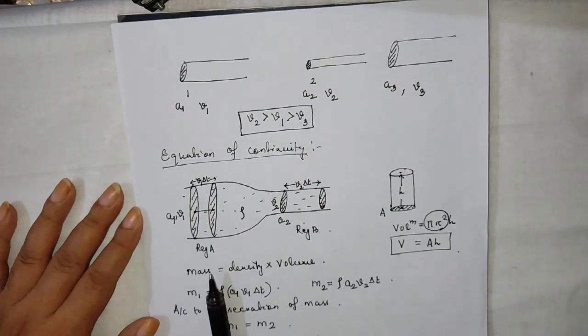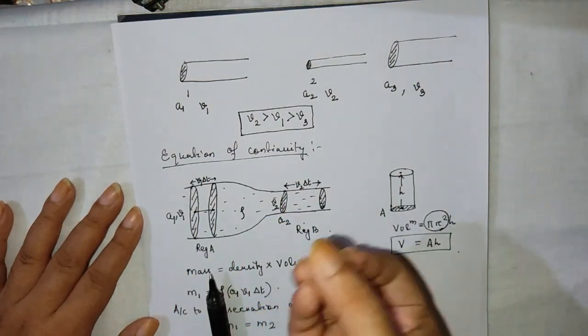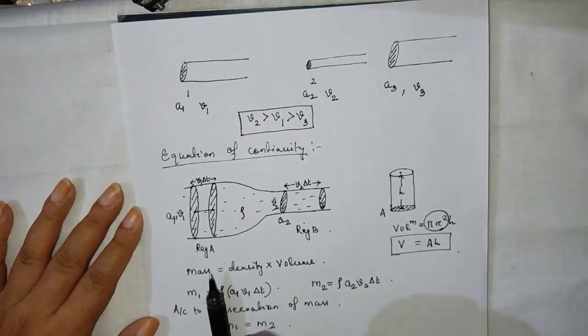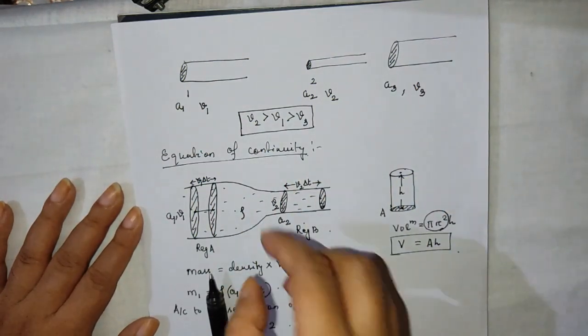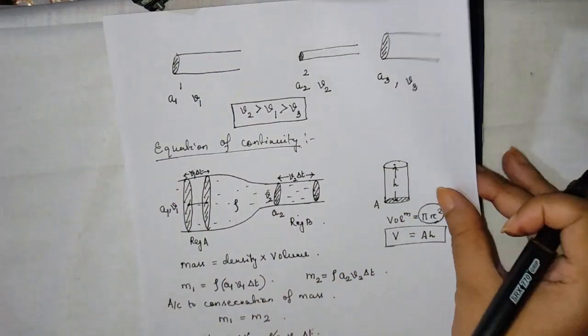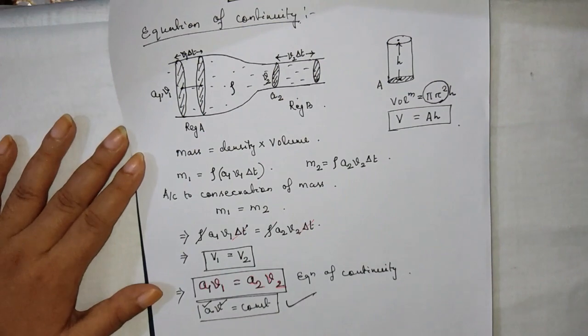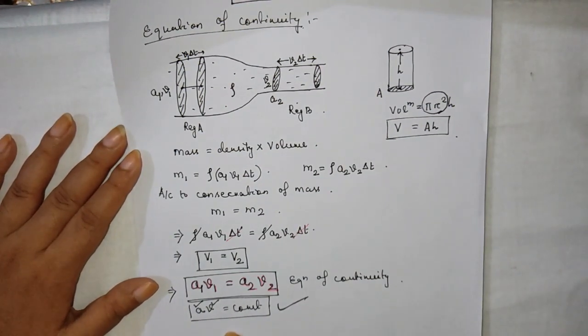Because in the deeper sea, the area increases. The area is so vast that the velocity of the water or the velocity of the tides is negligible. So this is actually the outcome of the equation of continuity. What is the equation of continuity that we have derived? It is nothing but AV is equal to constant. So this is the outcome.